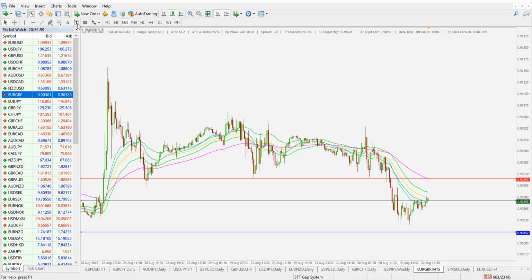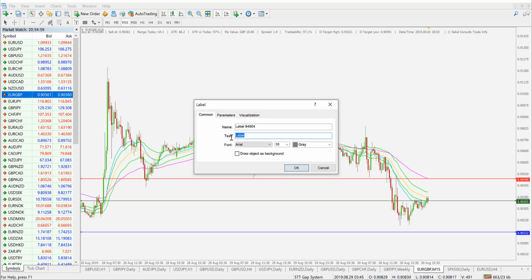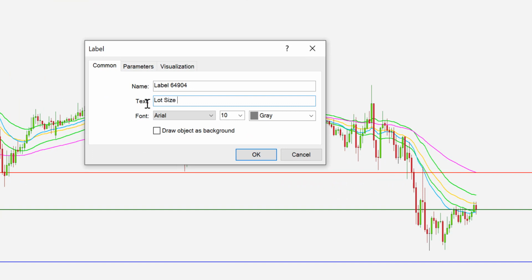So if I take this, lot size equal to risk in dollars divided by stop loss in pips times pip value, and I want to make that really big so everybody can see it, and we just want to make it black.